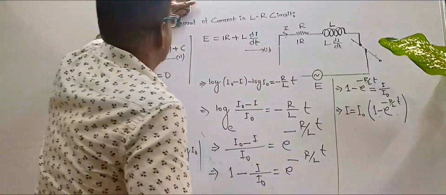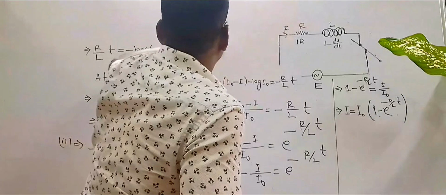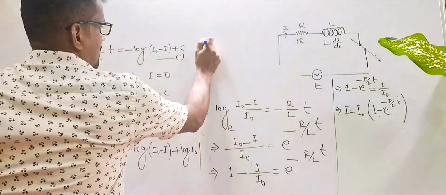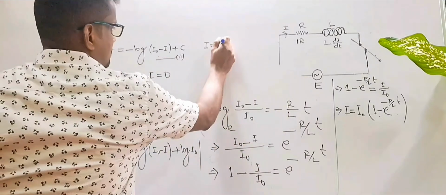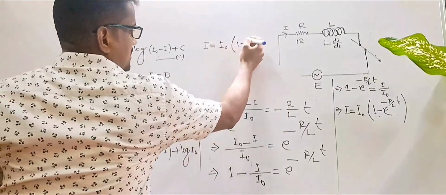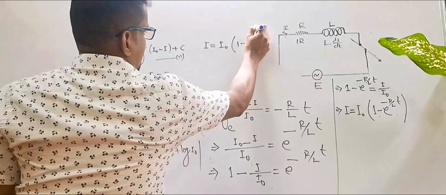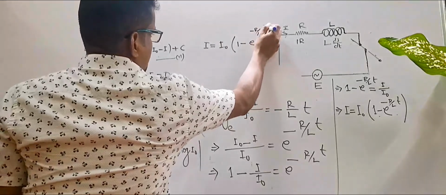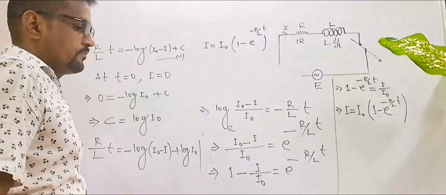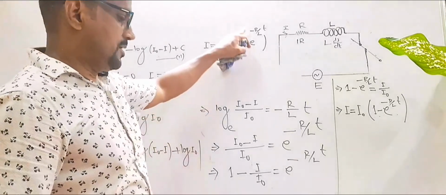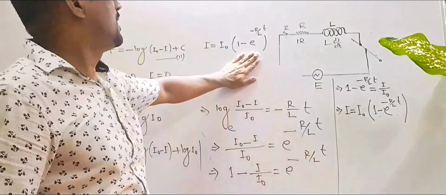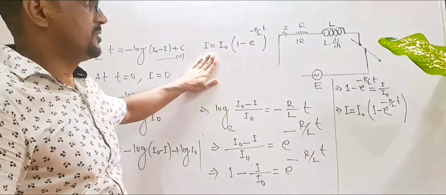So here we can show it. Finally, you have got I equals I naught into 1 minus e to the power minus R by L times T. This gives you the instantaneous current.